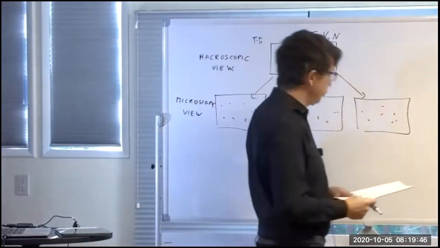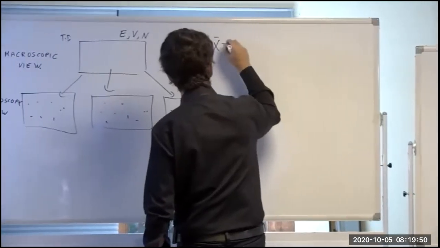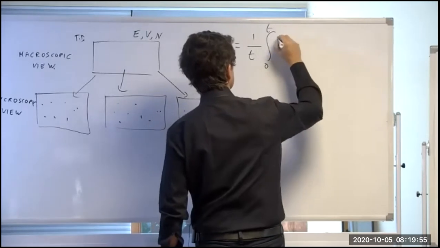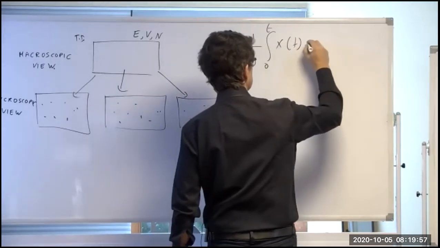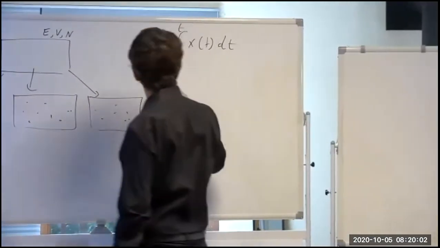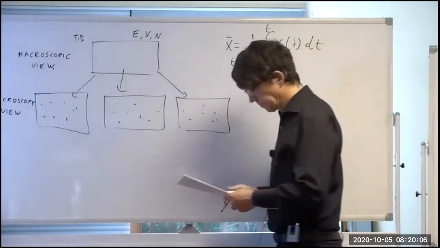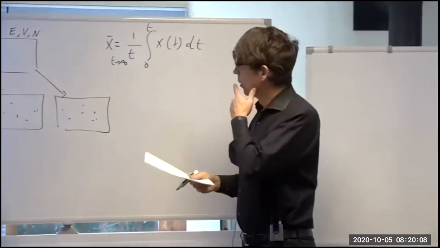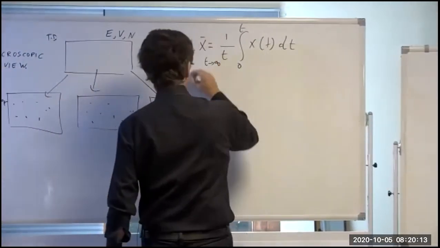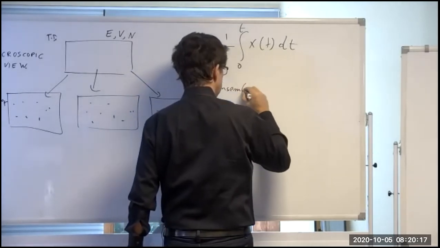And what I argue to you is that many of the extensive variables are time averages. They are the long-term time averages. So I would probably take t to infinity here. But in practice, we're going to replace the time average by what's called an ensemble average.